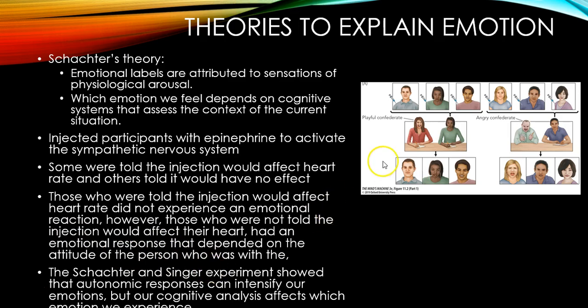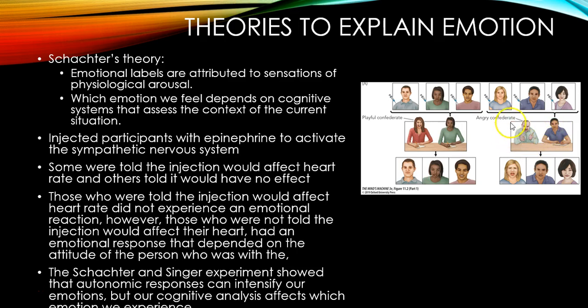And so they had confederates. Those are people who are in the study, but they're part of the research team, but the person who's getting the injection does not know they're part of the research team. So if this man here got this injection and wasn't told that that injection was going to start a sympathetic nervous system response, then he starts to feel his heart beating and starts to feel this emotional response.